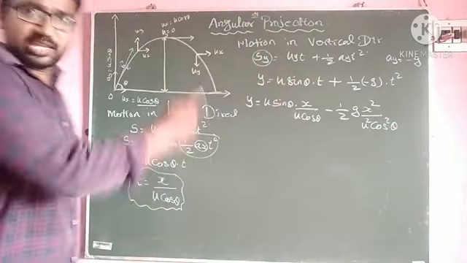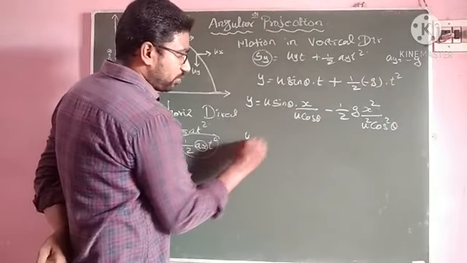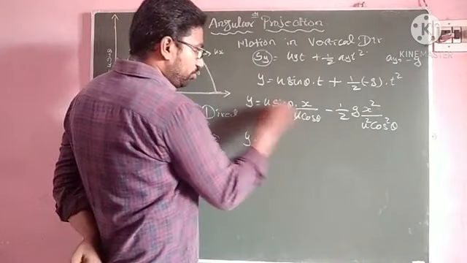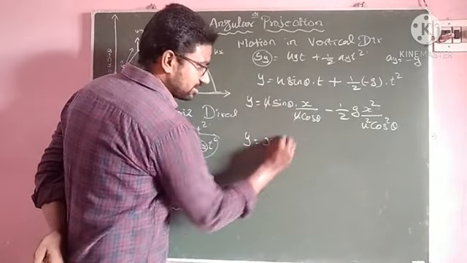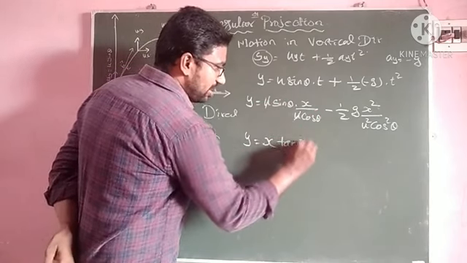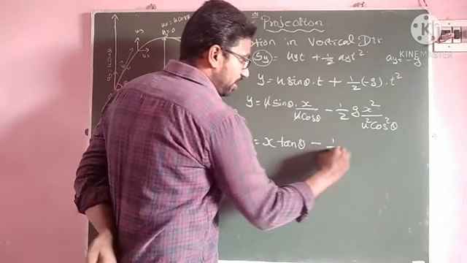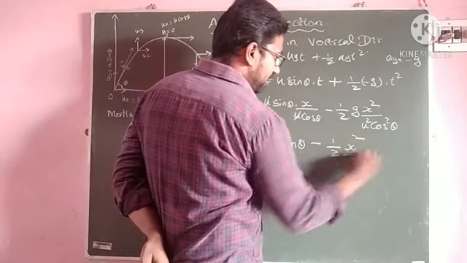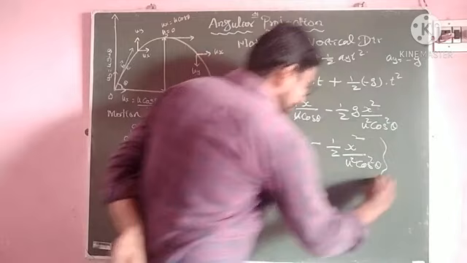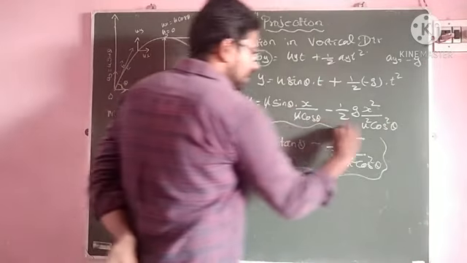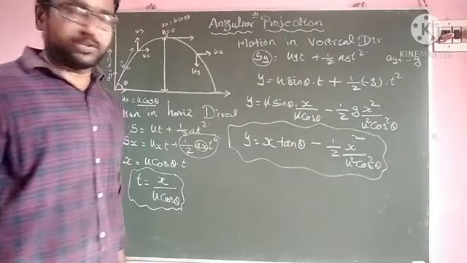By simplifying this equation, y is equal to, here u will be cancelled, so x sin divided by cos can be written as tan theta, and then minus 1 by 2 x square divided by u square cos square theta. This equation represents the inverse parabolic equation.